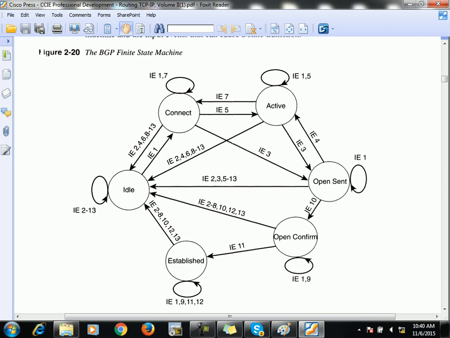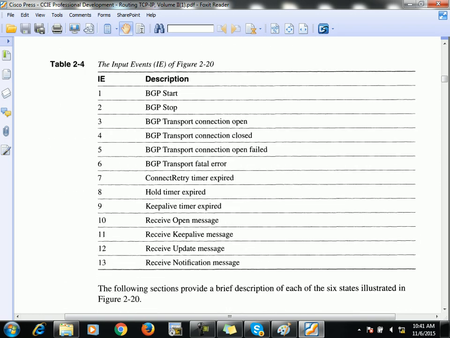There are some input events, 1 to 13. 1 means BGP start, 2 BGP stop, 3 BGP transport connection open, 4 BGP transport connection closed, 5 BGP transport connection open failed, 6 BGP transport fatal error, 7 connect retry timer expired, 8 hold timer expired, 9 keep alive timer expired, 10 receive open message, 11 receive keep alive message, 12 receive update message, 13 receive notification message.